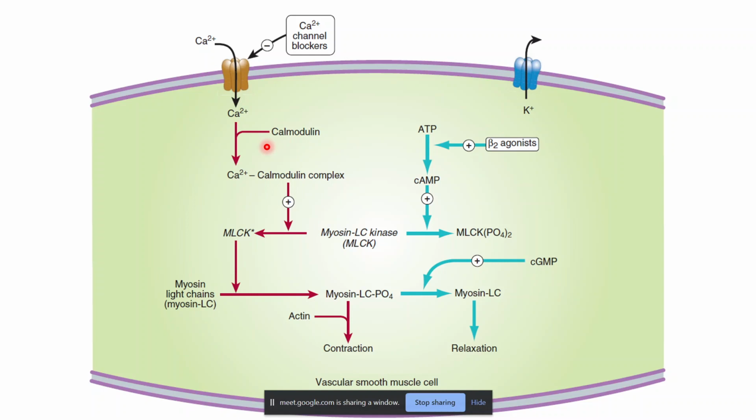So these calcium channel blockers block the calcium channel that allows calcium to pass inside the cell, and the calcium leads to the activation of the light chain of the myosin through several steps, and that leads to the contraction.